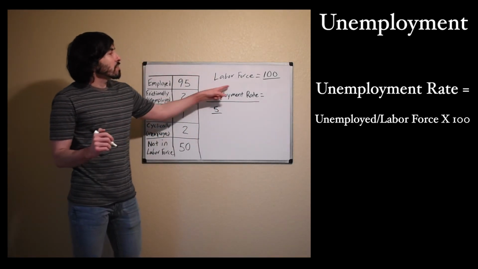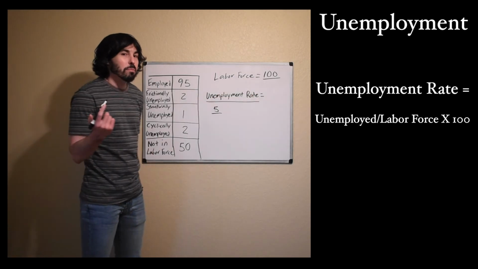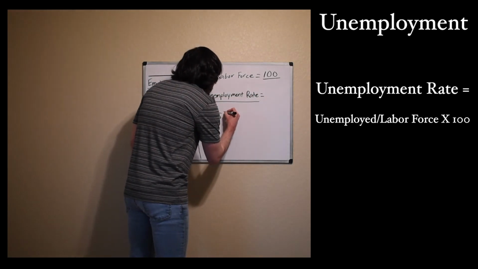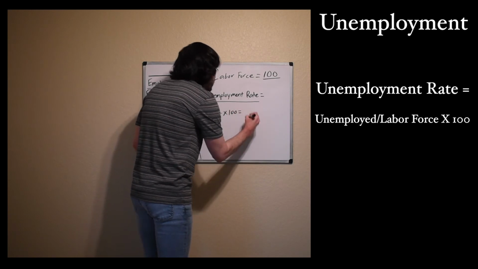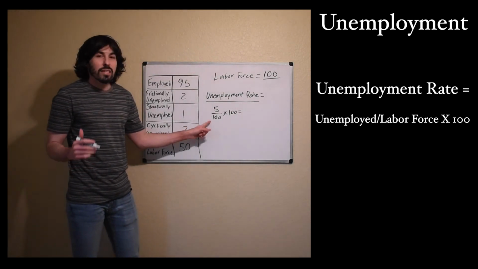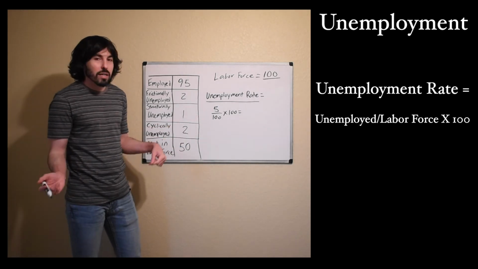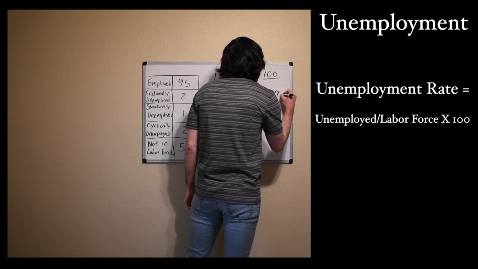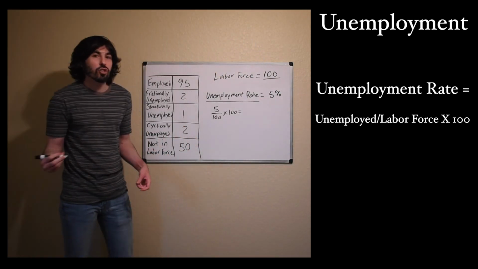And then we're going to divide it by our labor force, which we already calculated as being 100 people. So it's going to be 5 divided by 100 times 100, and that's going to come out to 5%. So we have a 5% unemployment rate in this country.